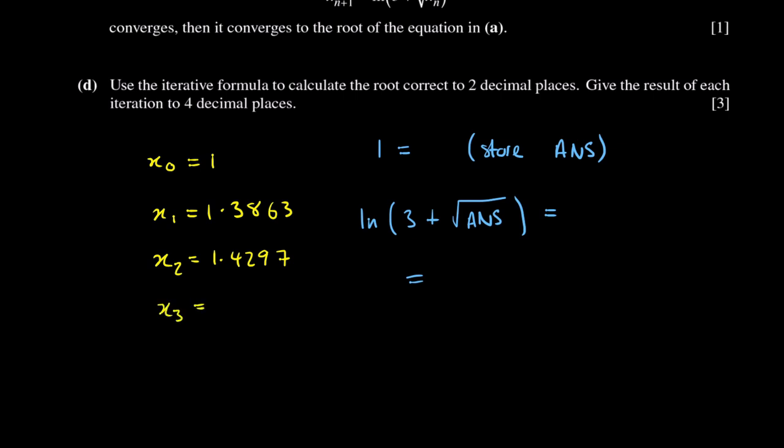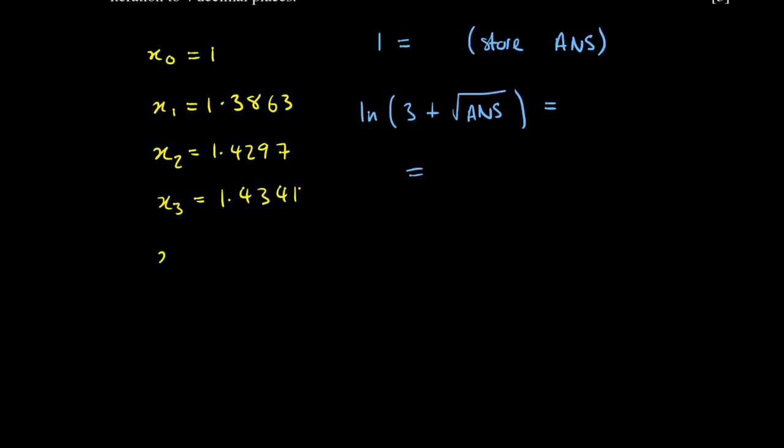I get x3 is 1.4341. And then hit the equals button again. I get x4 is equal to 1.4345. And I'll hit the equals button again, x5, and that's 1.4345.